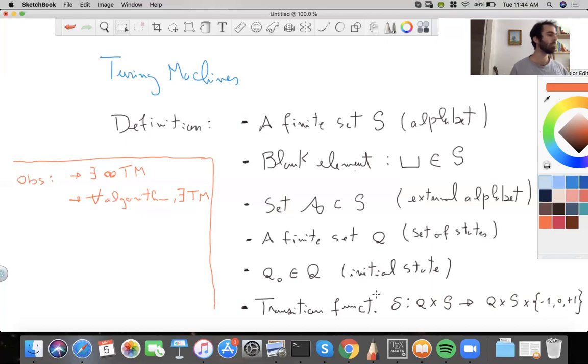Okay. But what about the hardware of the Turing machine? Let's go step by step. So the hardware of the Turing machine, it's going to be a tape, which is a memory tape.